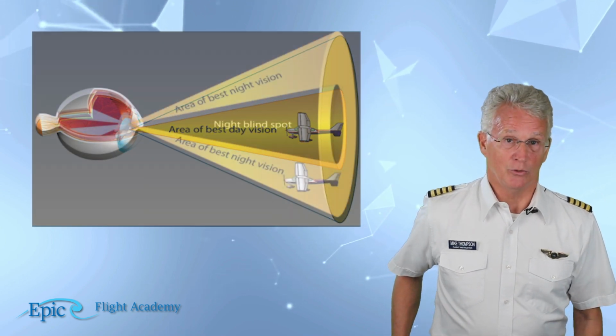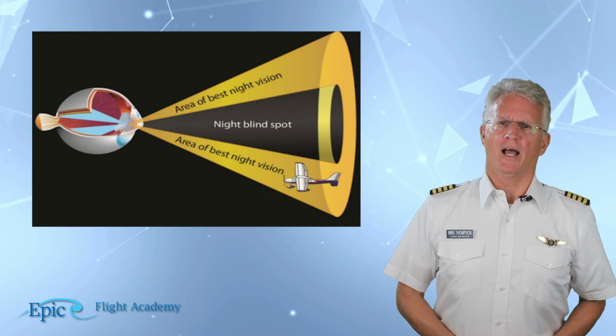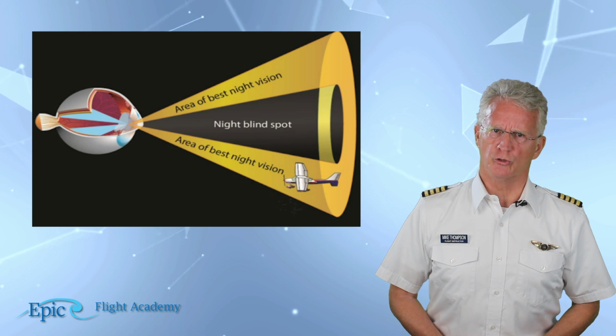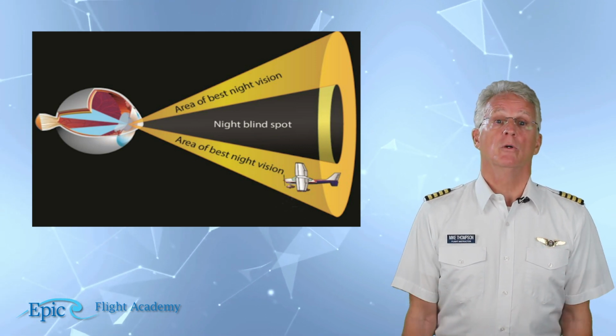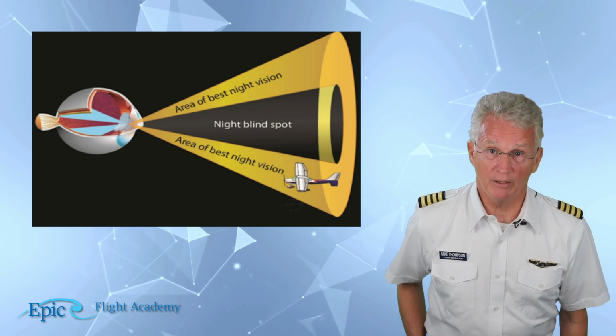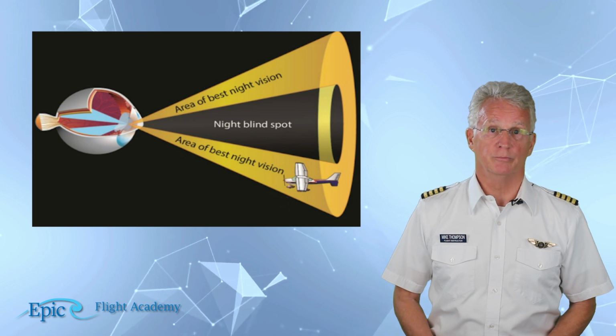At night, using off-center viewing will allow the eye to take greater advantage of its light-sensitive rod cells, because our vision will be focused off to the side of the fovea and more onto the rod cells.